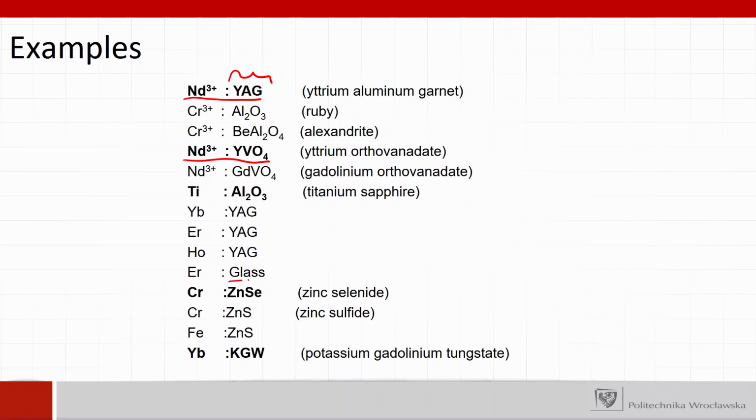As you can see, they can be based on glass, or for example on sapphire crystal, and many other types of crystals. Today I think I will describe the neodymium-based lasers and also the titanium sapphire laser. And I think that would be all for today.